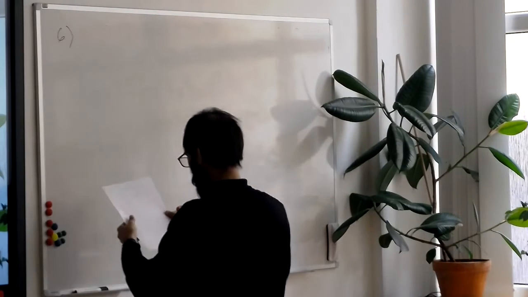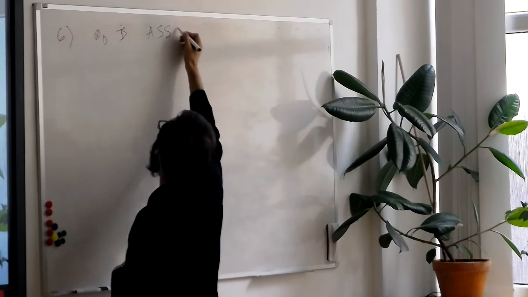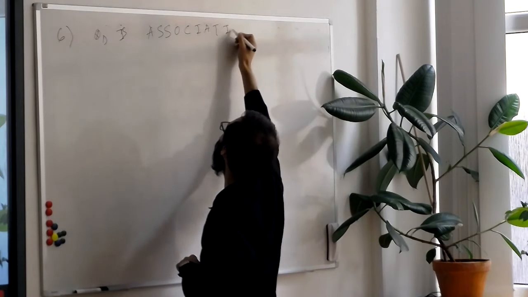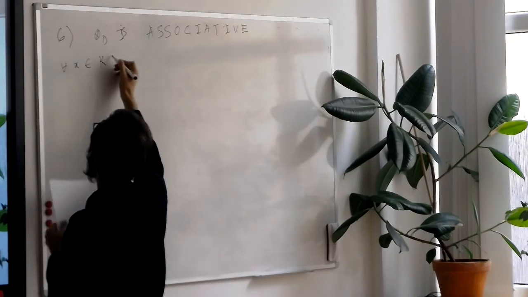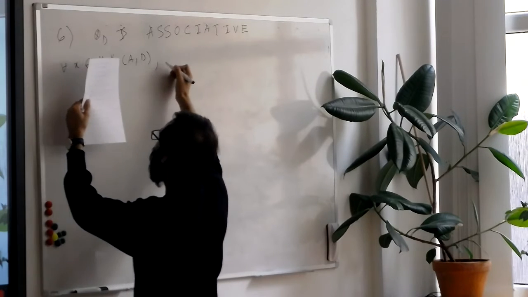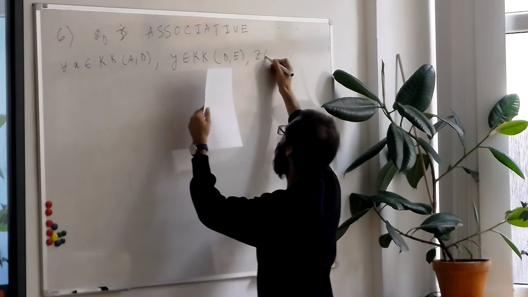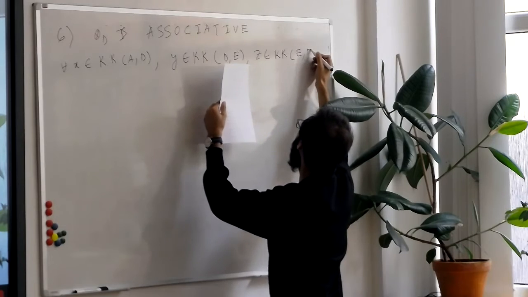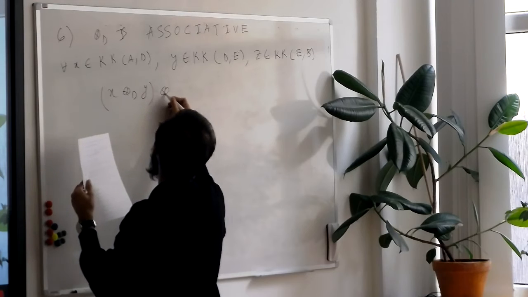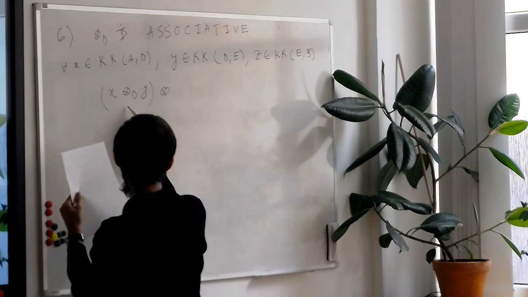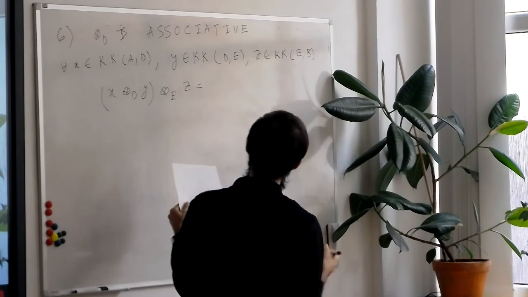Five, six. The product is associative, which means for all X in KK(A,B), Y in KK(B,D), you have A, B, D, E, this means this is inside KK(A,E), and then with Z, you get inside KK(A,B).